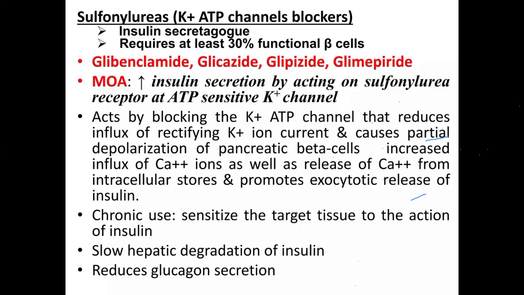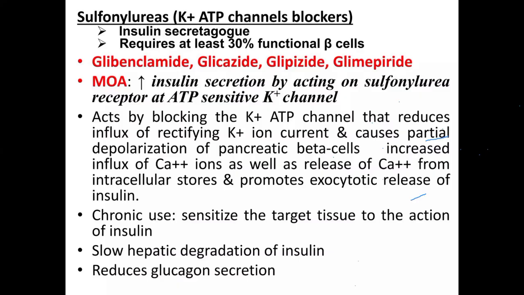Depolarization of the pancreatic beta cells will also happen, and it increases the influx of calcium ions as well as the release of calcium from the intracellular stores, and it promotes the exocytotic release of insulin. So there are two effects: the potassium ATP channel is blocked, but simultaneously depolarization of pancreatic beta cells is also happening, thereby resulting in the influx of calcium ions and release of calcium from the intracellular stores.